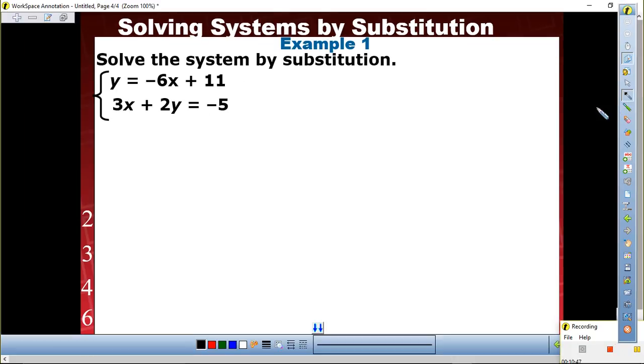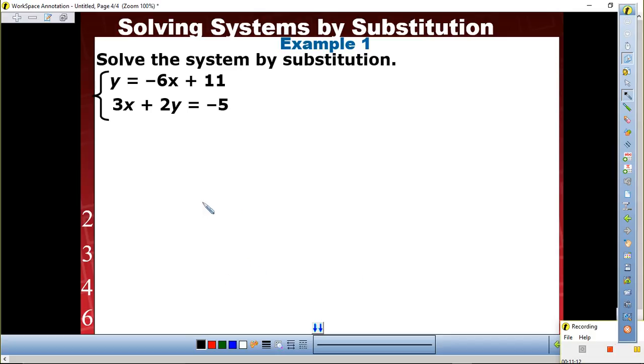Solve for a variable from the easiest equation. Tell your neighbor what you see right now on the screen. What do you guys notice? Sonia said one of them's already solved, so step 1 is done. Okay, so tell your neighbor what you're going to do for step 2.